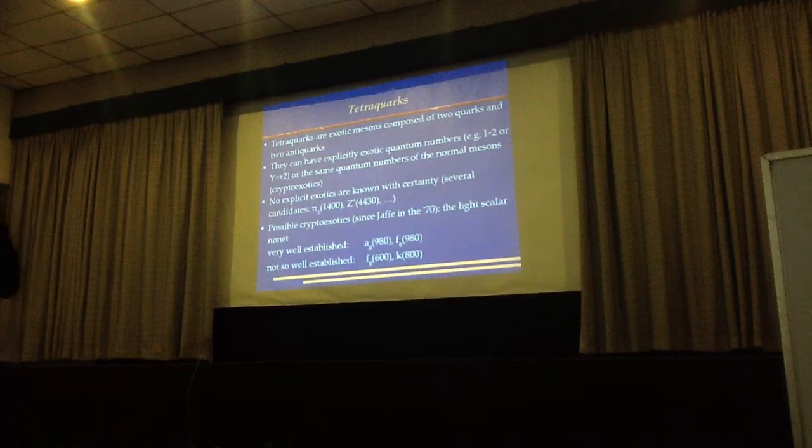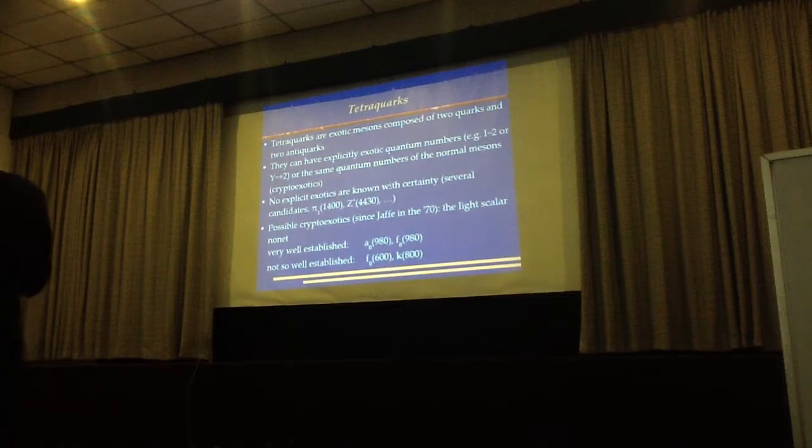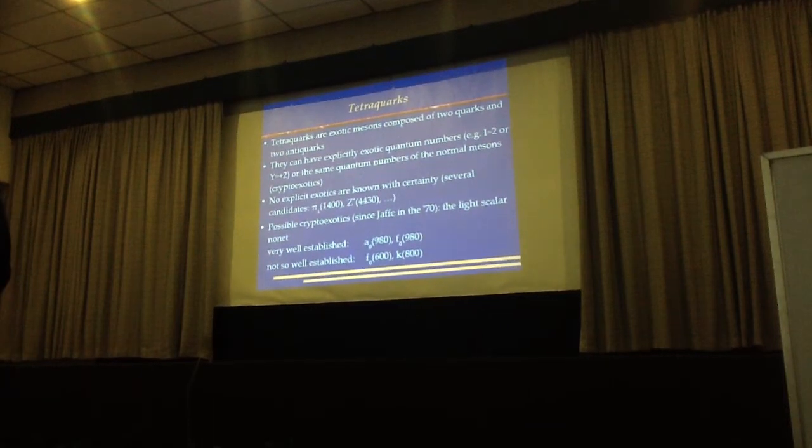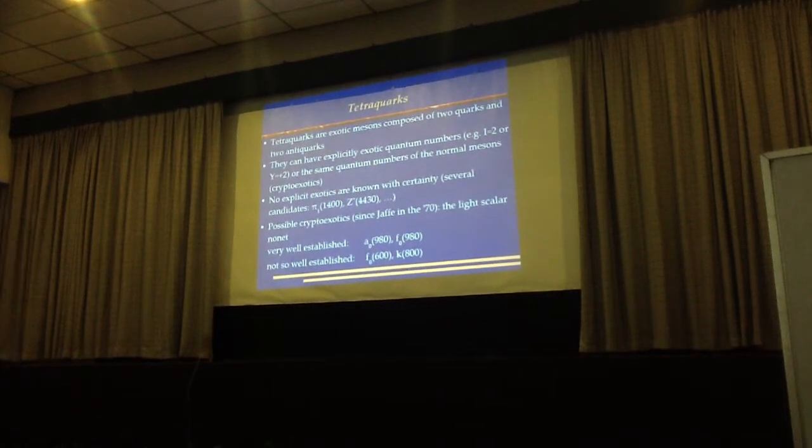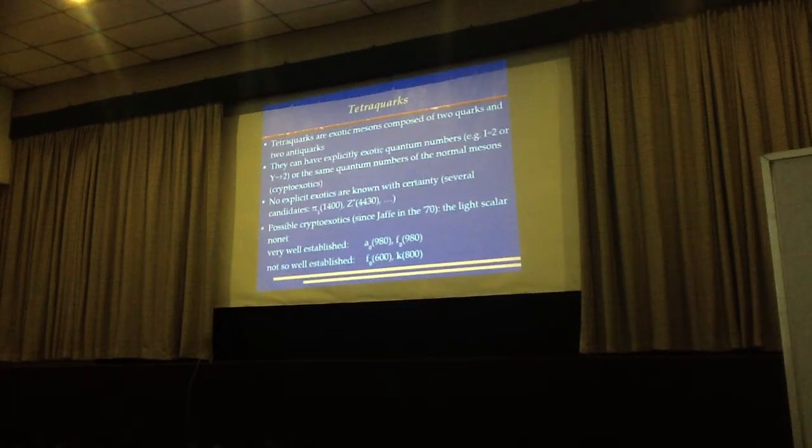This scalar nonet is composed of the a0 980, the f0 980, the f0 600, and the K 800. The first two are very well established, but the second two not so well, so we will see that their existence is crucial for distinguishing between the various models.